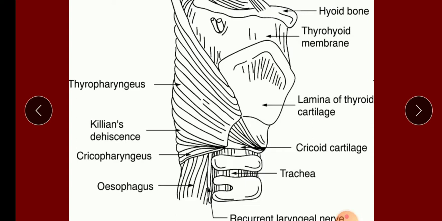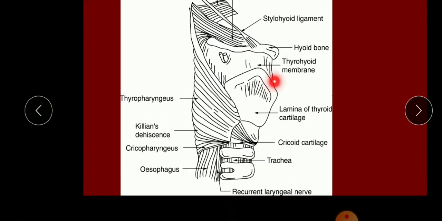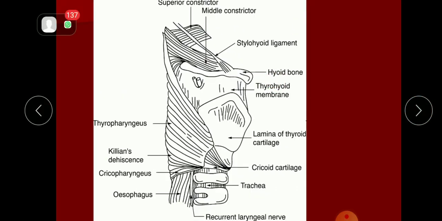Then it is through this Killian's dehiscence that the mucosa and the submucosa will bulge outside the pharynx so as to produce a diverticulum there. And that diverticulum is what is termed Zenker's diverticulum. Okay, so you should be able to remember Killian's dehiscence, and when intrapharyngeal pressure is increased, you get what is termed Zenker's diverticulum.